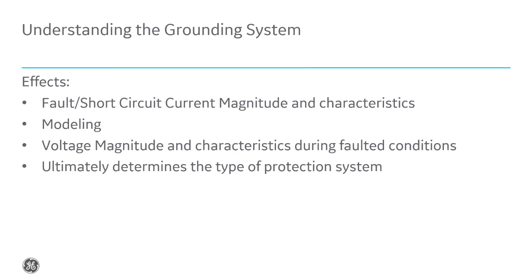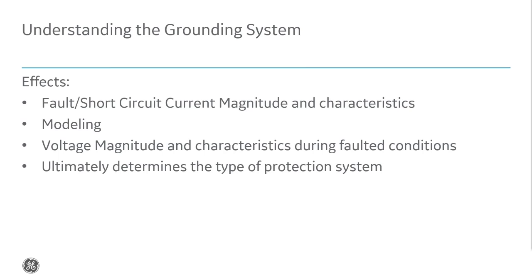It affects how we model our power system, in our short circuit calculations and our coordination study programs, how we model all of that. And it affects the voltage characteristics during faults. We'll talk about that. And as I mentioned, it ultimately determines the type of protection system that we use.